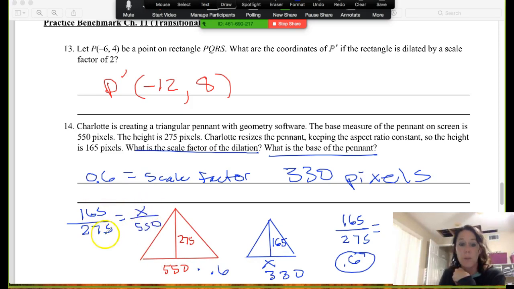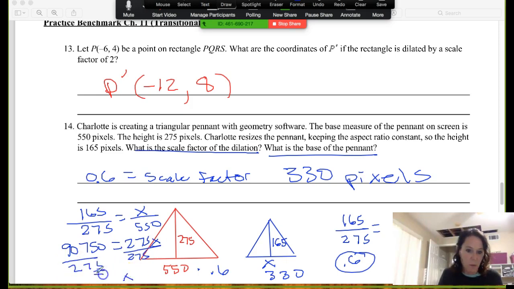And then you would cross multiply and divide. 165 times 550, that's going to be a big number, 90750, equals, and then this times this would be 275x. And then you would divide both sides by 275. And you would end up with x equals 330, which is the same that we got by using the scale factor. So you could do it this way.